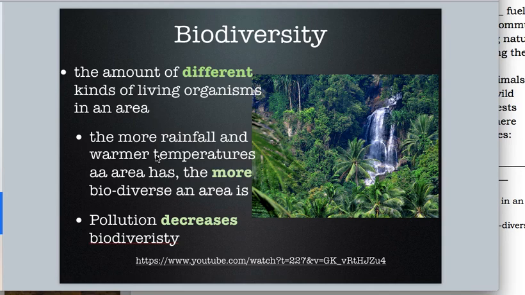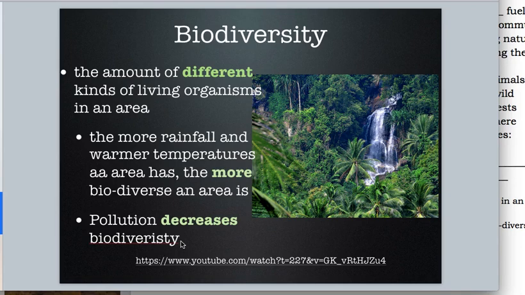Generally, the more rainfall and the warmer the temperature an area has, the more biodiverse the area is. The most biodiverse area is, of course, the tropical rainforest. They have the most rain and the highest temperatures of general area, not including deserts, where organisms can live. Deserts, on the other hand, because they have a lot of heat but very little water, have a much lower biodiversity.